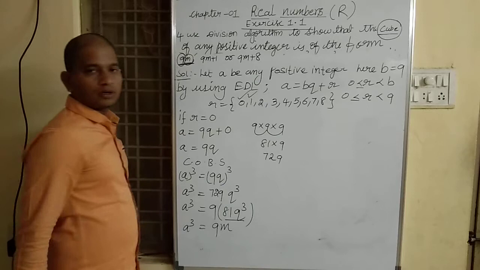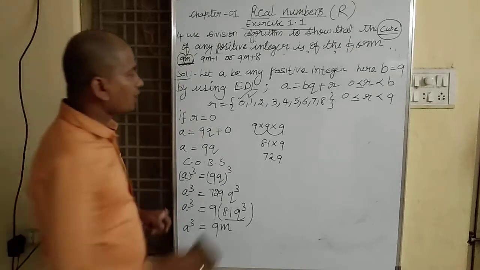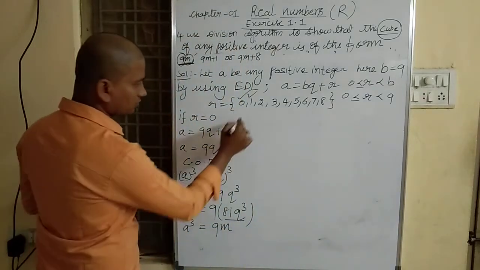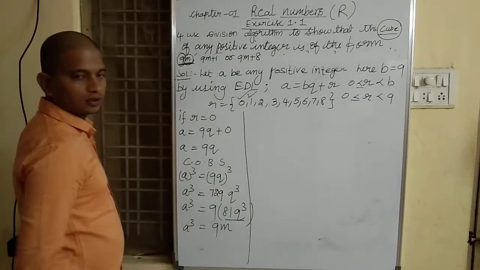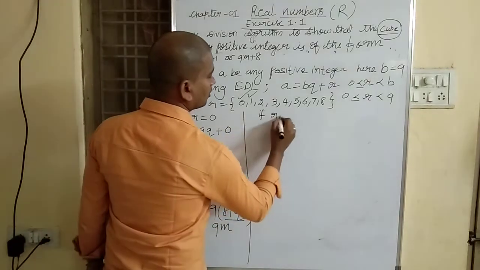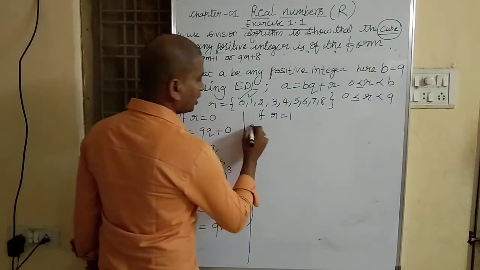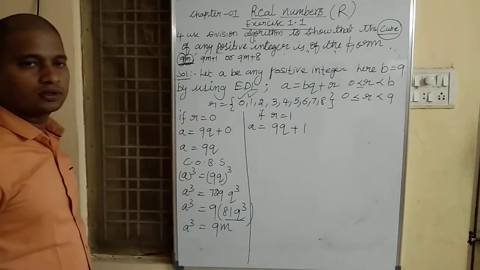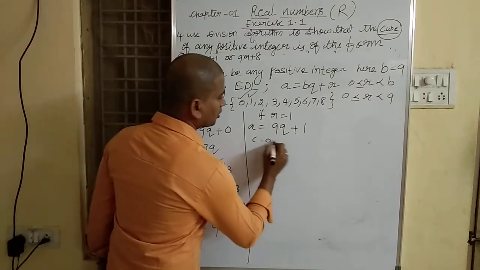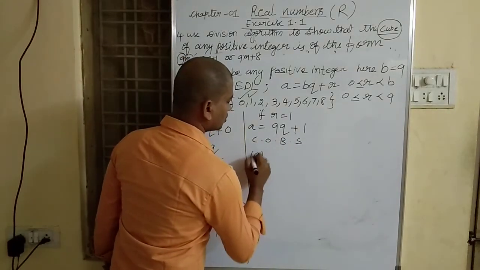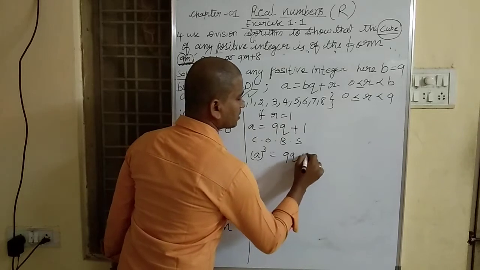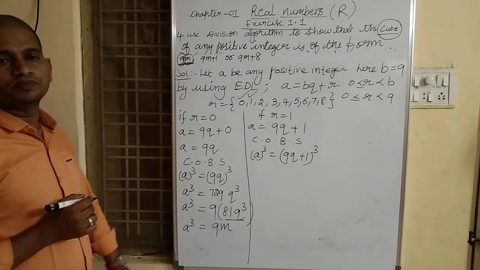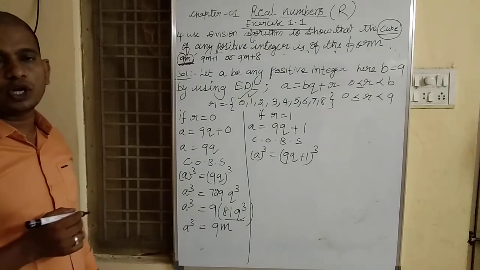We got the result at r equal to 0. Now let us find out at r equal to 1. If r equal to 1, what is EDL? a equal to bq plus r, 9q plus 1. Again cubing on both sides. So a cube equal to 9q plus 1 whole cube. So what is the formula of a plus b whole cube?